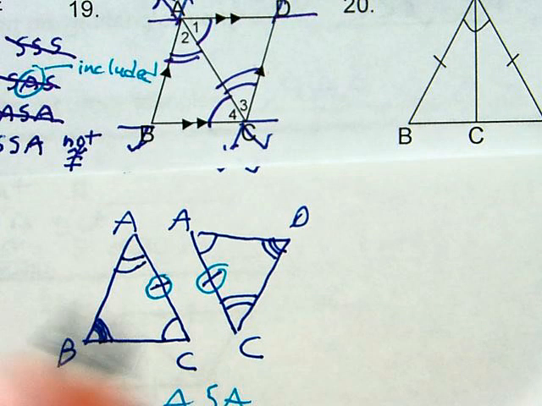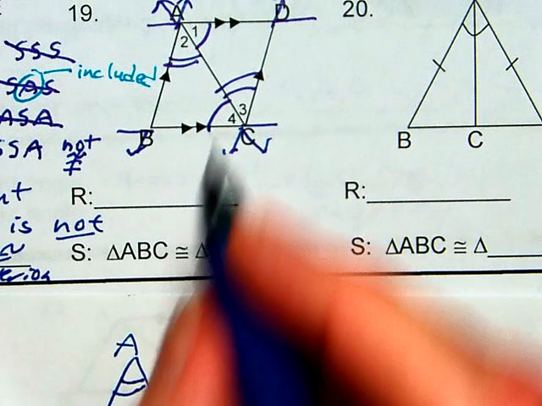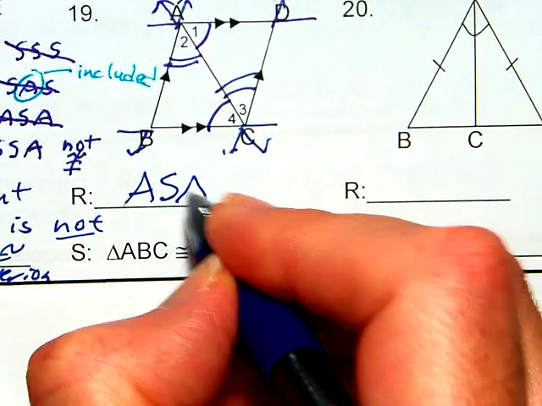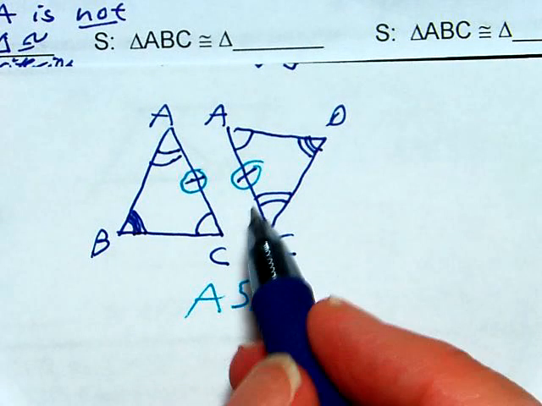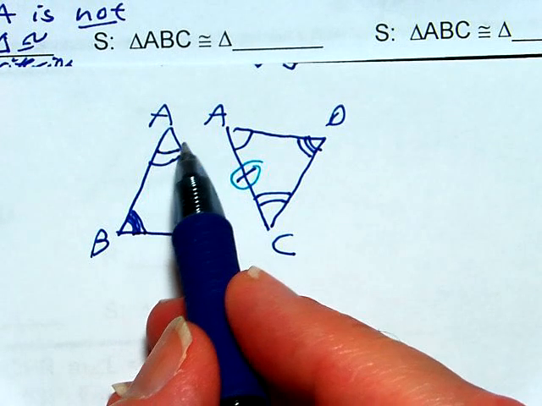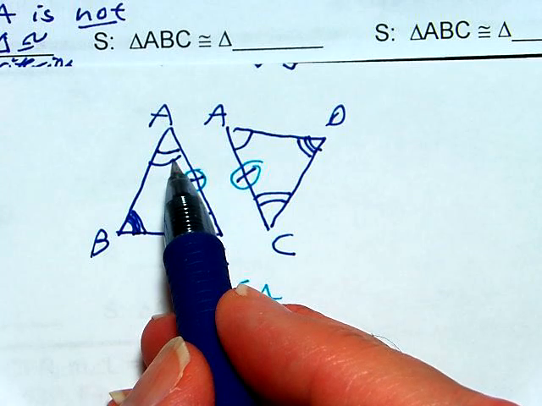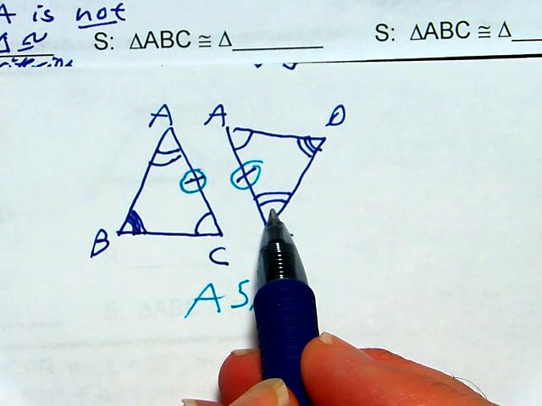And therefore, because of angle side angle, we can say that triangle ABC, and we have to be very careful about the way we refer to the second triangle. A is the angle with the double angle mark, so that would correspond to angle C in the second triangle.